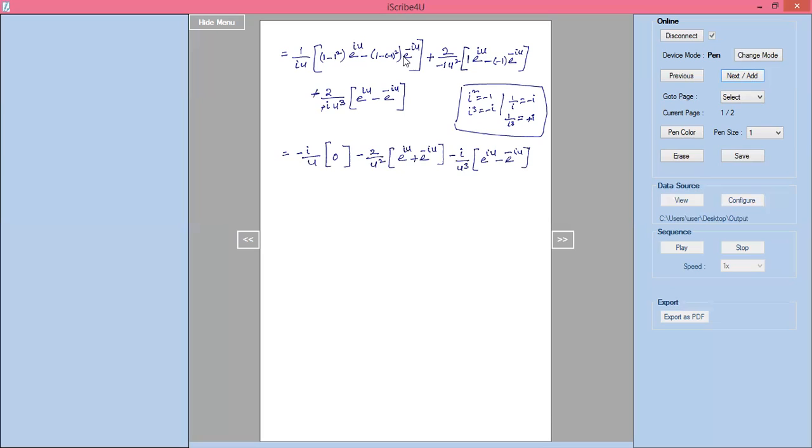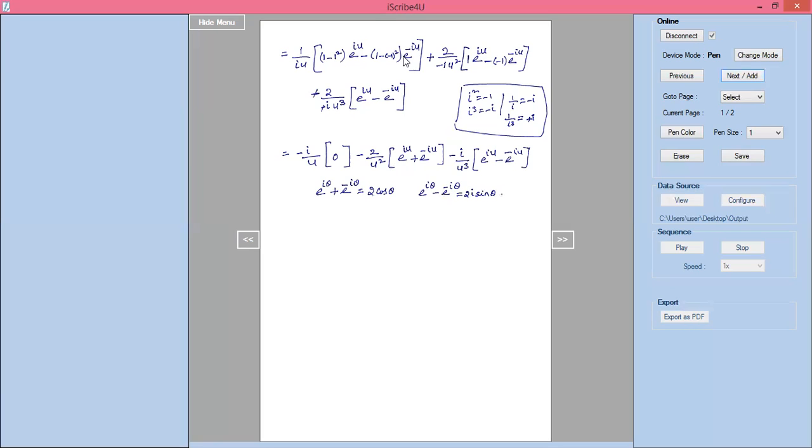What is e power iu minus of e power minus iu? We know that e power i theta plus e power minus i theta equals 2 times cos theta, and e power i theta minus of e power minus i theta equals 2i into sin theta.